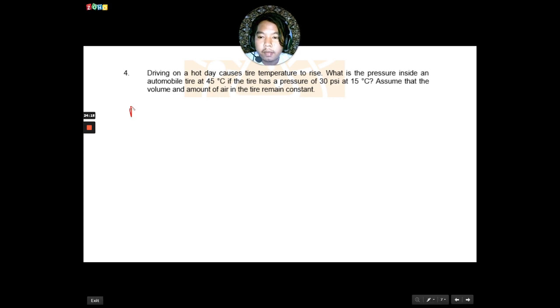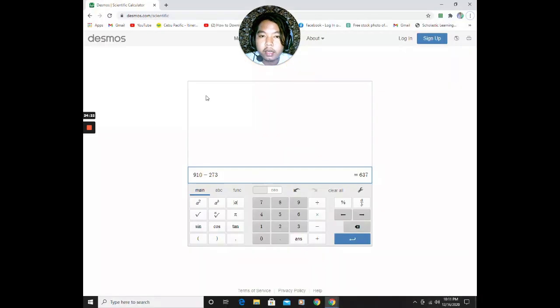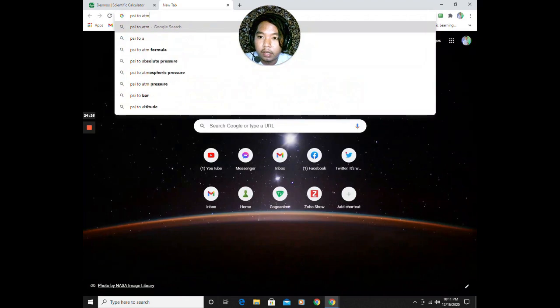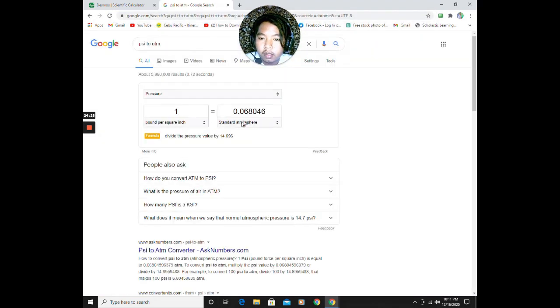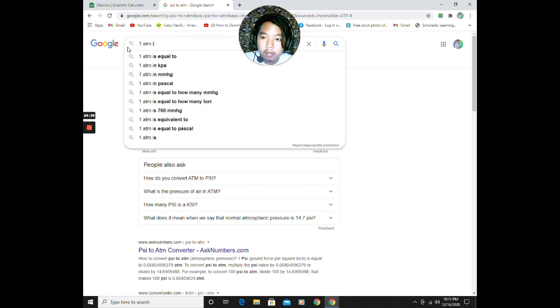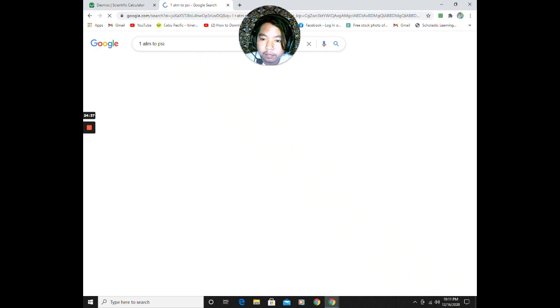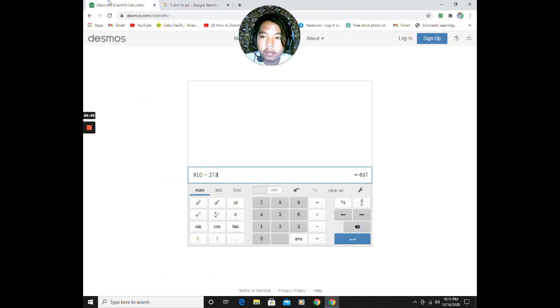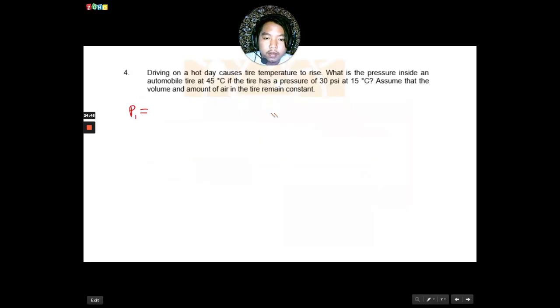Alright, may initial pressure tayo na 30 psi. So I forgot the conversion table. So psi to atm, baliktad, 1 atm to psi, and that is 14.7. 1 atm is 14.7 psi.